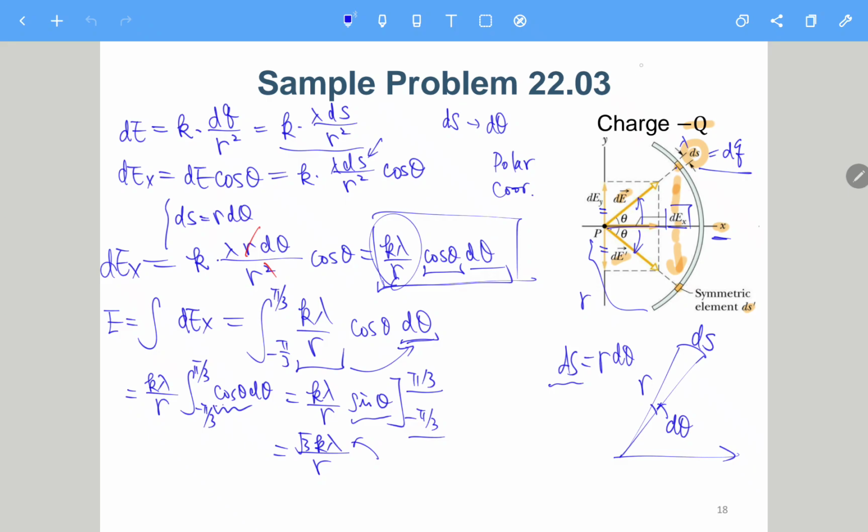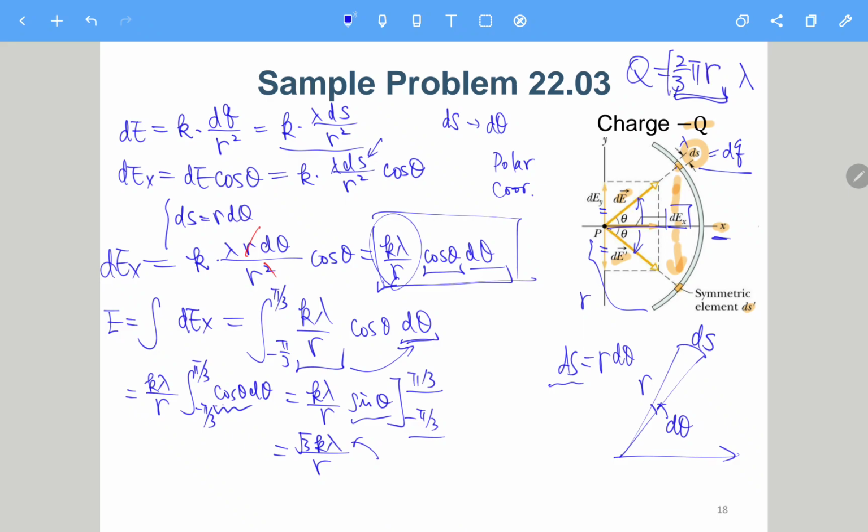So of course Q will be the length times the lambda. This is the length of the arc. The angle is 120 degrees, which means that this is two-thirds of pi, times the radius, small r.